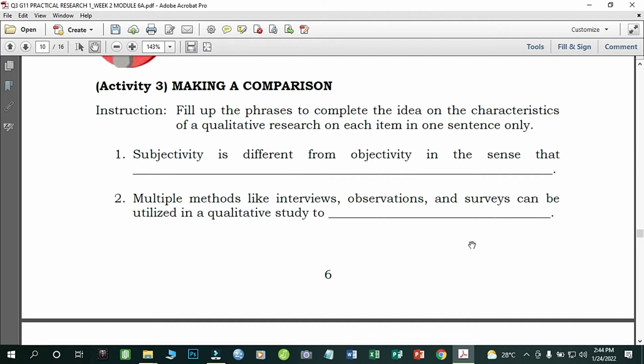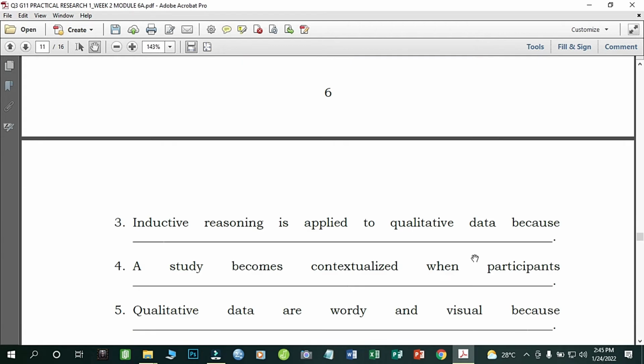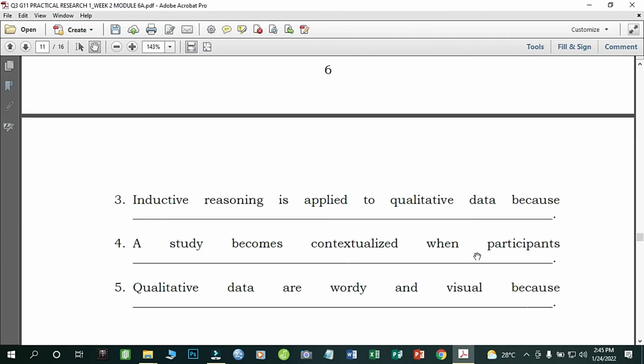Okay. And number 2, multiple methods like interviews, observations, and surveys can be utilized in a qualitative study to blank. Number 3, inductive reasoning is applied to qualitative study because, okay, blank.